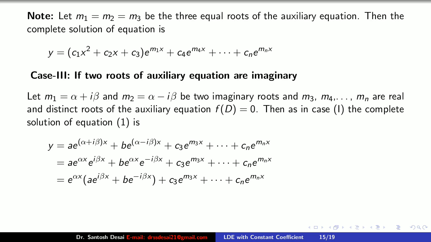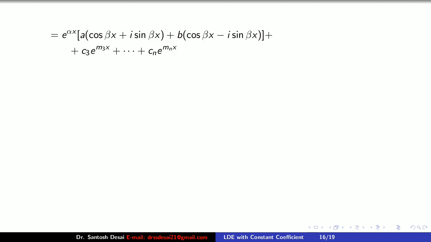By using that relation, e^(i beta x) is cos beta x + i sin beta x, and e^(-i beta x) is cos beta x - i sin beta x. Putting these values, we get e^(alpha x) [a (cos beta x + i sin beta x) + b (cos beta x - i sin beta x)] plus and so on.